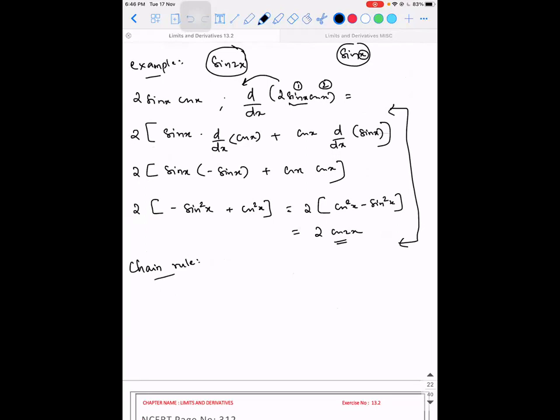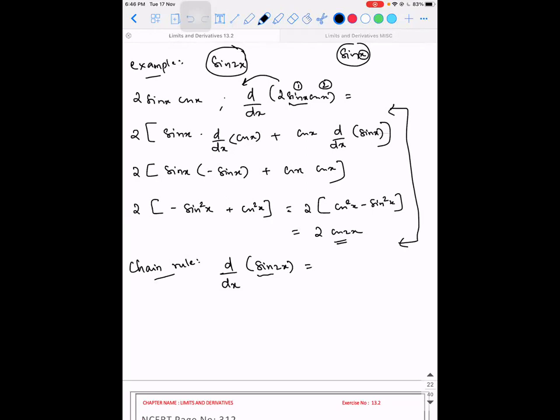Now see. d by dx of sin 2x is equal to, look at the way I'm going to do it. Listen to my question carefully. What is the derivative of sine? I'm not asking what is the derivative of sin x. I'm asking what is the derivative of sine.